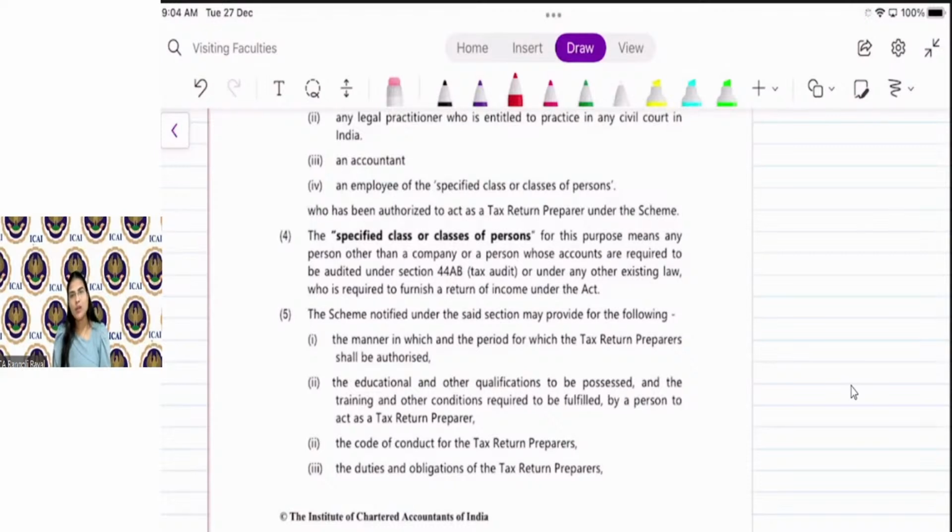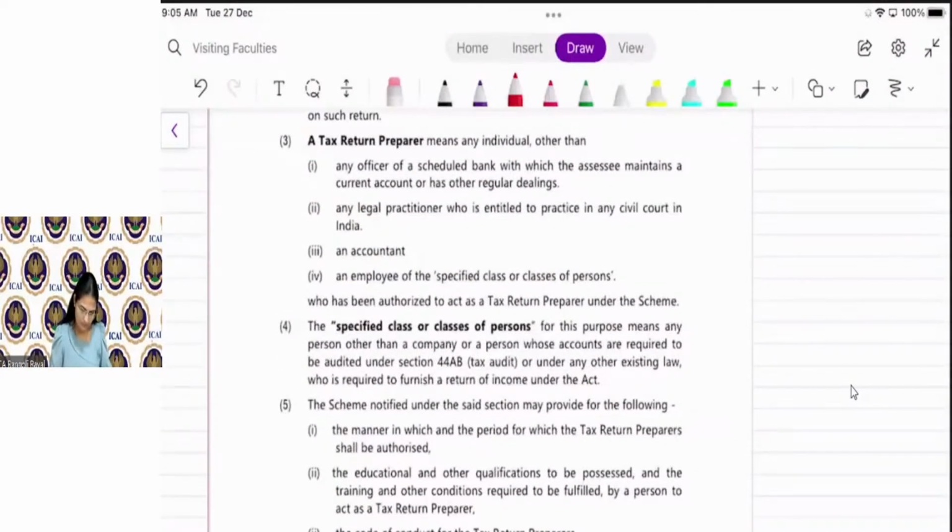So any person other than a company and an individual whose accounts are required to be audited under 44AB can act as an income tax return preparer. Employee of specified class or classes of company.